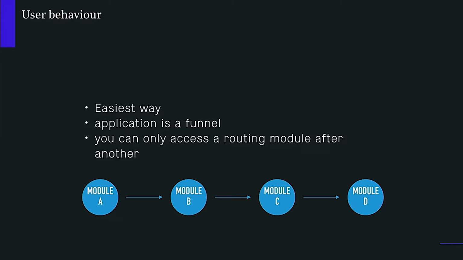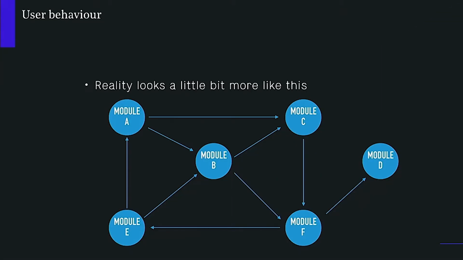But I think none of us has an application that looks like this. In reality, it looks a little bit more like that. You have some top-level navigation where you can jump from module A to module B and to module C.